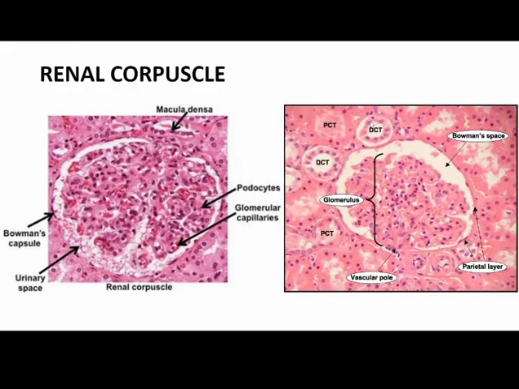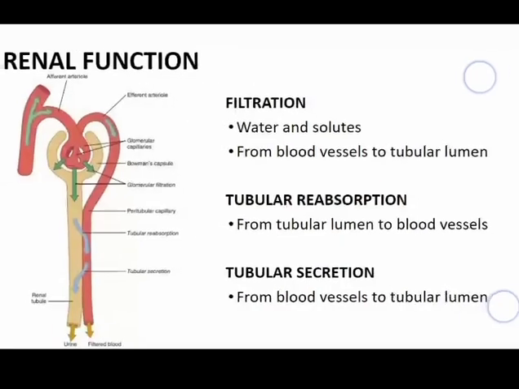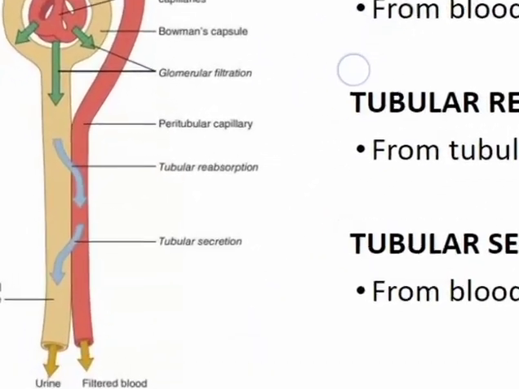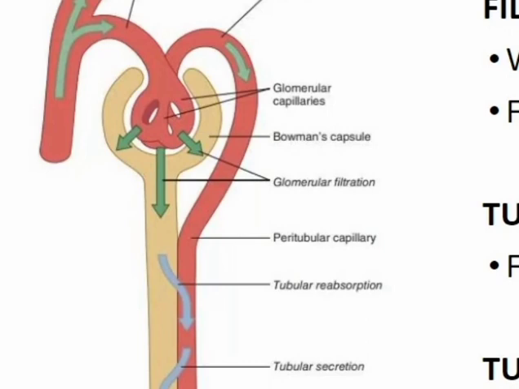Okay, so this is the distal convoluted tubules here on the right. And then the darker ones are the proximal convoluted tubules. Okay, so there are three main functions of the kidneys: filtration, tubular reabsorption, and tubular secretion.